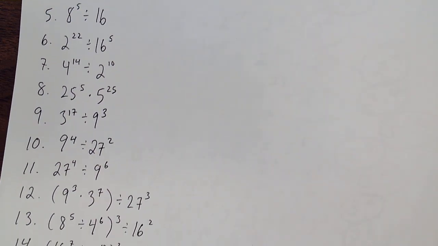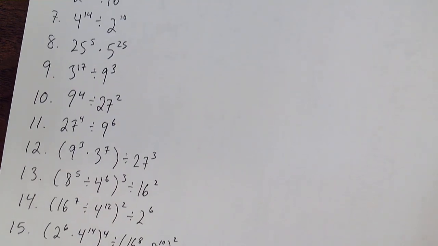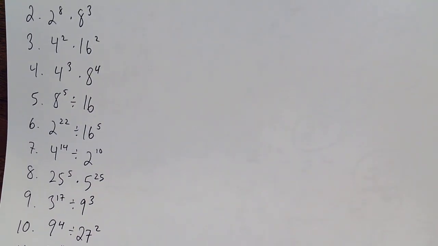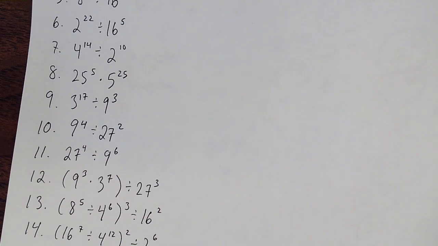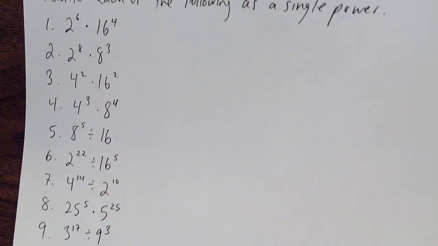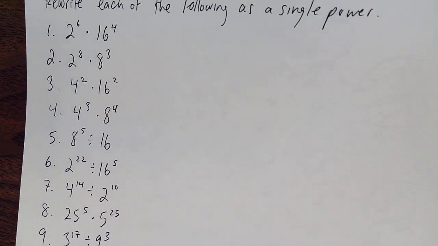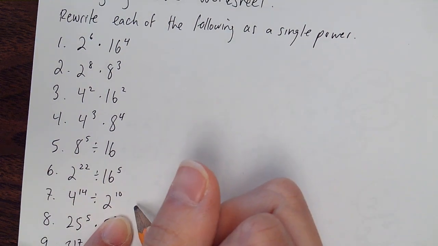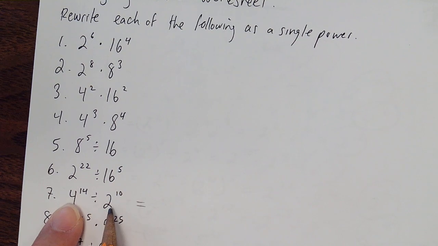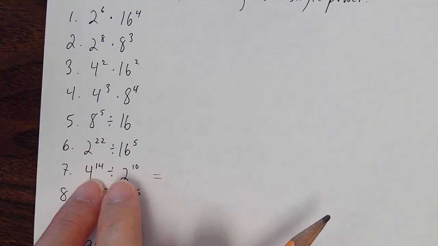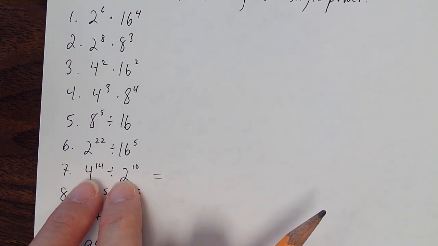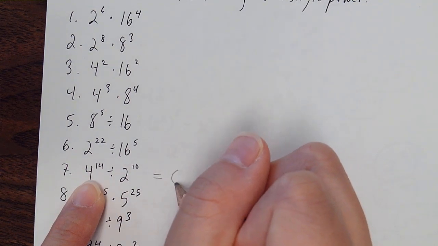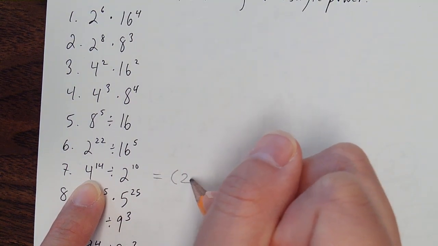Let's do, so let's say Matthews, choose a number between 1 to 15. 7. Okay, so this one. Okay, what do I change? Which base do I change? 4. What can I rewrite it as? 2 squared. Good.